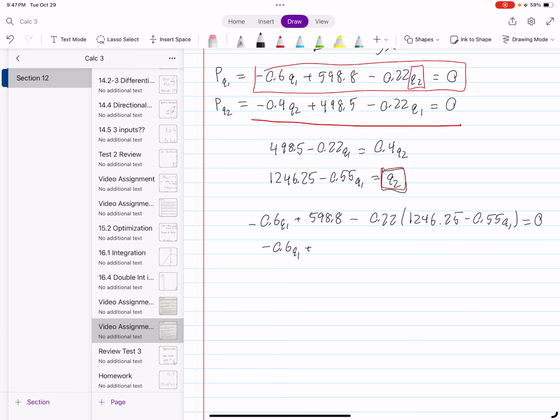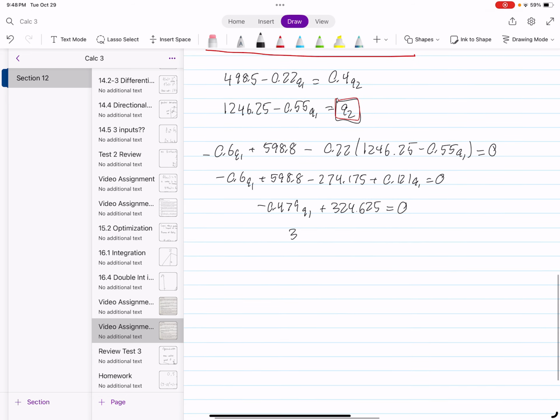We distribute the 0.22. We can now combine like terms. And then 324.625 is equal to 0.479 Q1, leading us that Q1 is equal to 677.7139875.